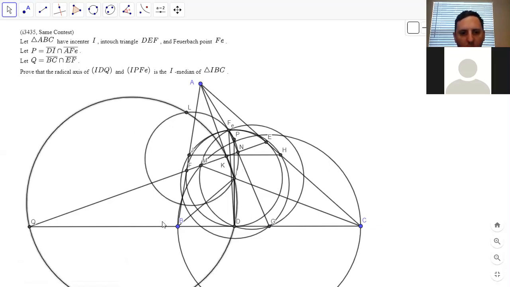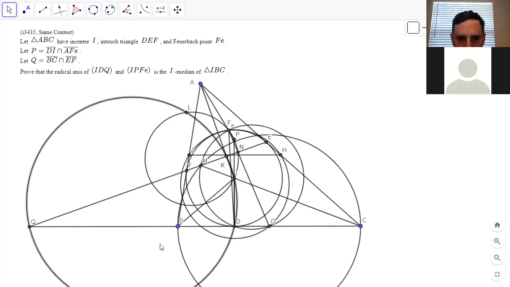Okay. So yeah, sorry, I'm not as fast as you guys. So this one we know inverts to itself, right? Because we know GD times GQ is GB squared, right? So we know D and Q get swapped, and because angle IDQ is 90, does that prove it?